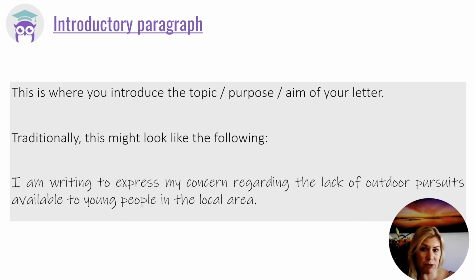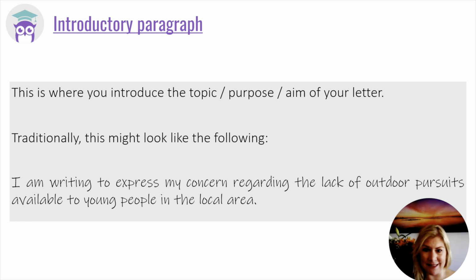So your introductory paragraph is where you introduce the topic or the purpose or the aim of the letter. And most traditionally, people will start with I am writing to. You know, I'm writing to express my concern regarding the lack of outdoor pursuits available to young people in the local area. Such a typical GCSE question. Or I'm writing in response to the letter that was published in The Guardian about obesity, or whatever it might be.